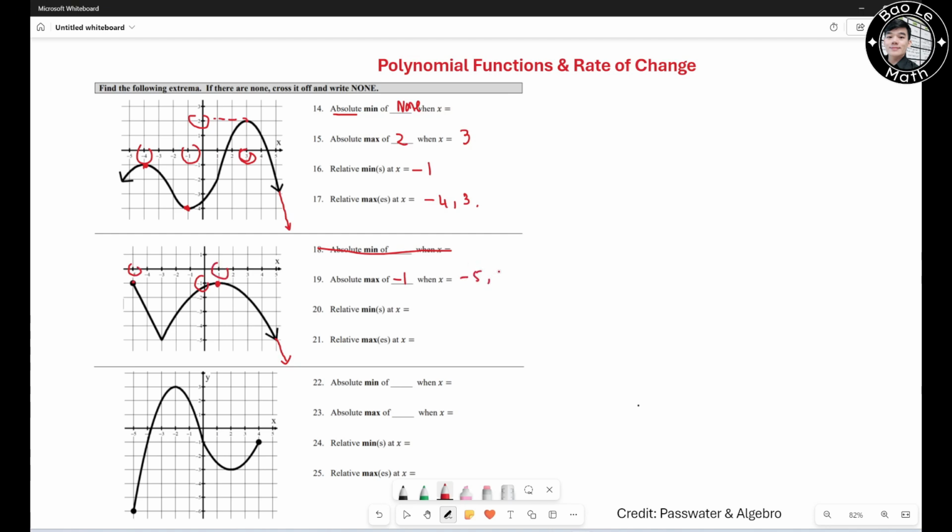They have the same y value. Relative minimum is right here. It's going to be -3, right? Relative maximum is -5 and 1 right here.